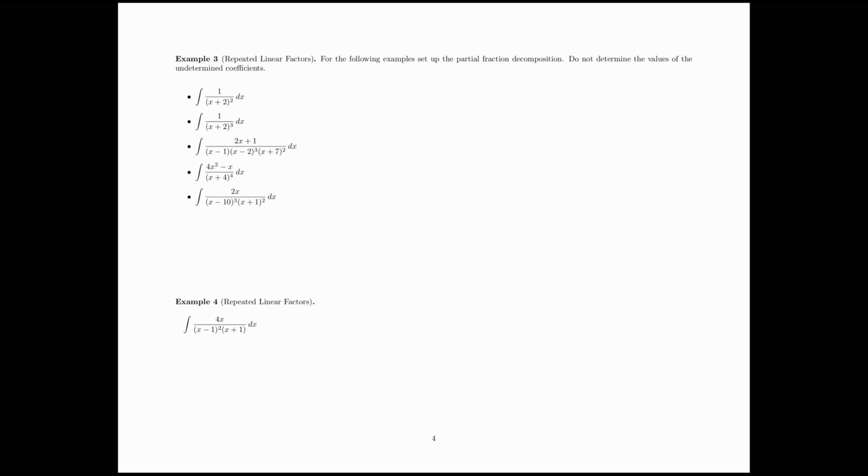best to start with this example 3, where we're just going to write down the actual forms for each of these, and you'll get the sense very quickly what you do and what the pattern is. So here we have a repeated linear factor. This x plus 2 is being squared.